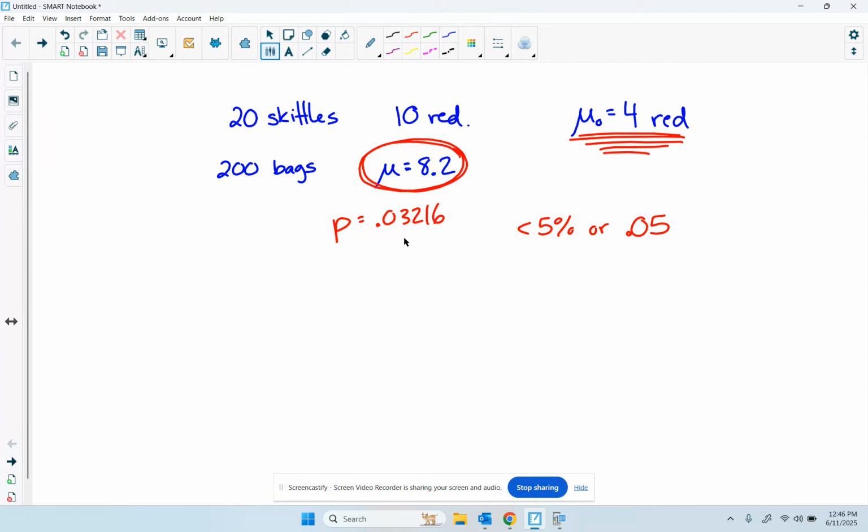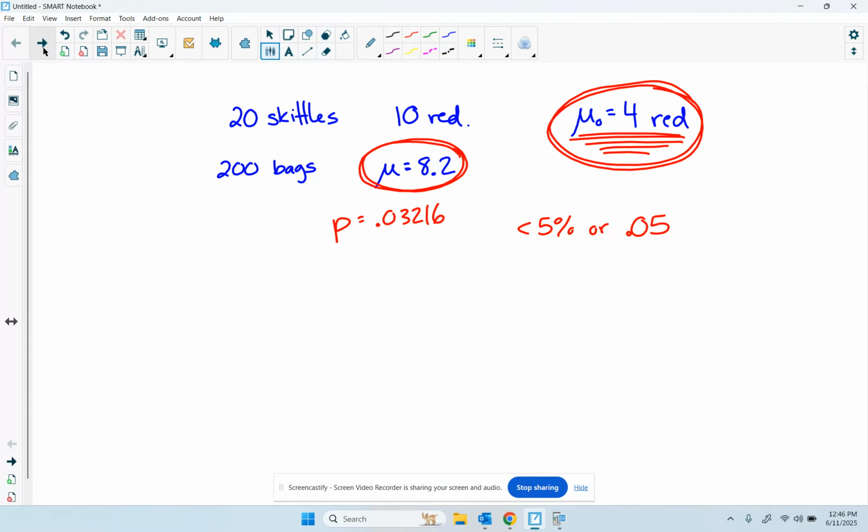We compare that percentage to 5%, and if it's less than 5%, that means it's really unlikely. So chances are this occurred not randomly, but because the statement is in fact false. So I could say I got an average so high that I can say I think the average is higher than 4 per bag. And that's the entire basis of the hypothesis test.